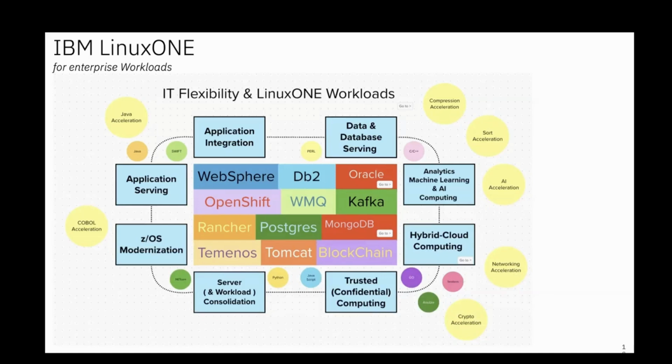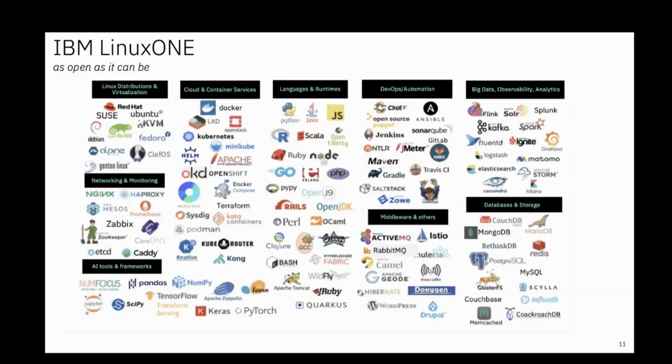So it supports all the platforms that are used in the industry today for enterprise workloads, and it's as open as it can be. You see all the logos here. We don't have to list out everything. You can probably find something that you work with on a daily basis, and all of that is supported on LinuxONE, and much more is coming up. There is a repository where you can go and download containers for the s390x LinuxONE platform and run with that.